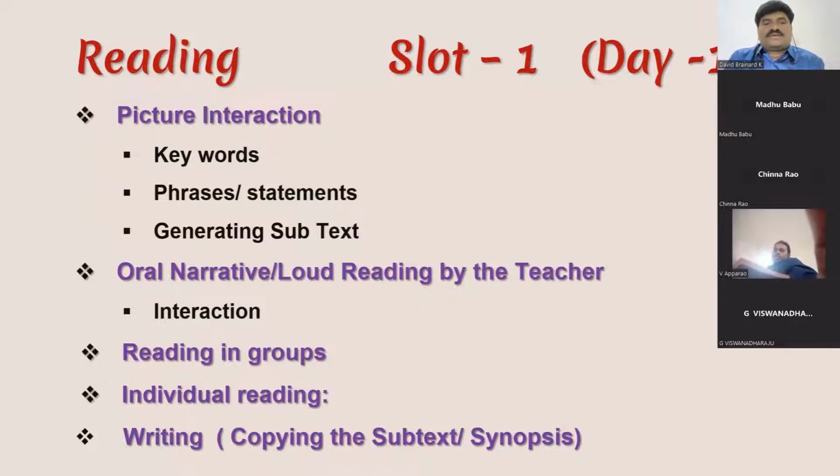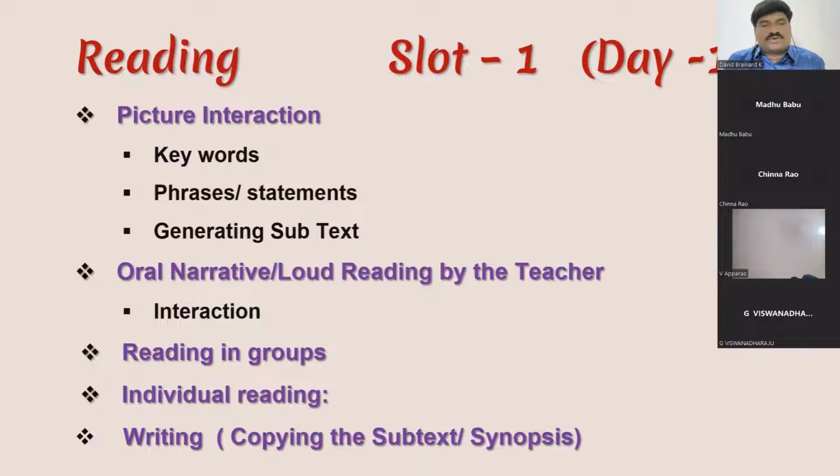And after that, there is some oral narrative. That means, for example, if there is no possibility of subtext there, if we can't construct a simple summary of that, we can give an oral narration, because that is a picture that is not there in the textbook, or maybe in the textbook. We can give an oral narration. We can read aloud. We can speak aloud there and have some interaction, a few questions.